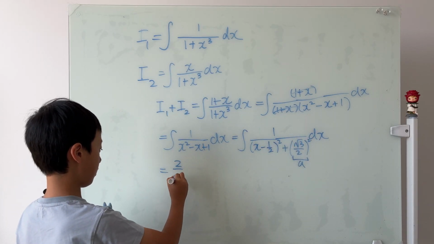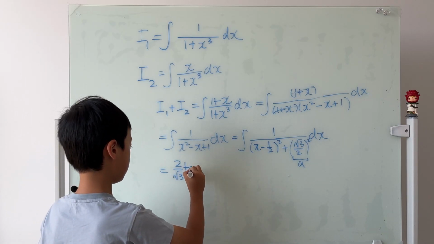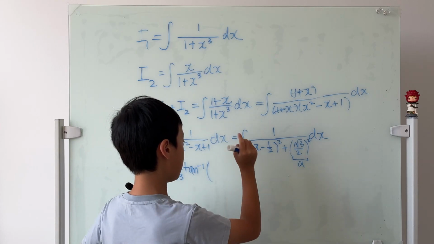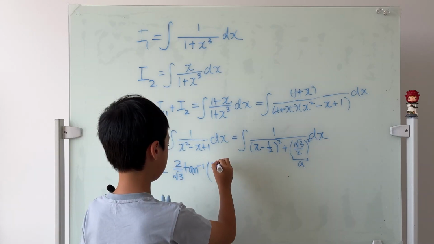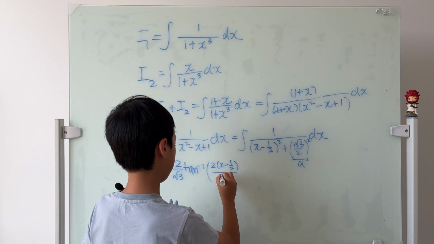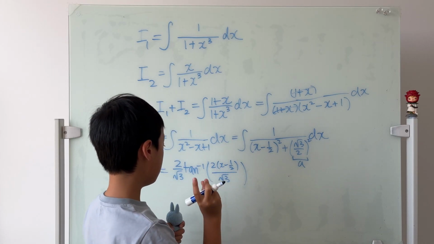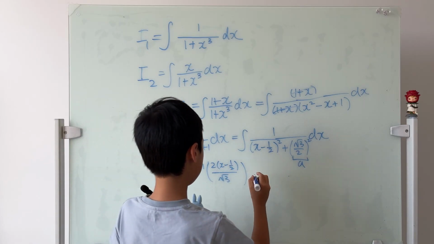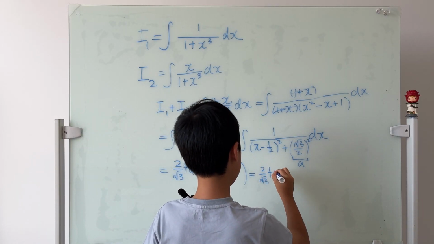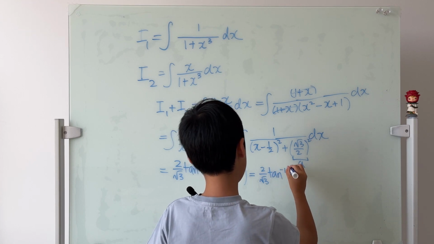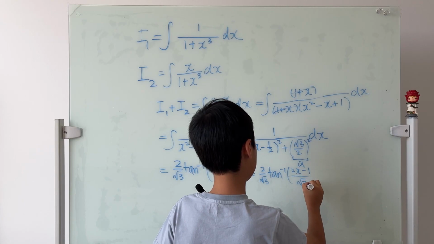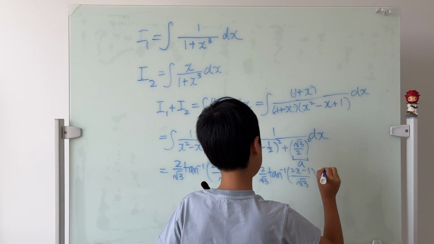So 2 over square root of 3 inverse tangent of x over a. That's 2 times x minus 1/2 over square root of 3. And if we open the brackets here, then it's equal to 2 over square root of 3 inverse tangent of 2x minus 1 over square root of 3 plus c.